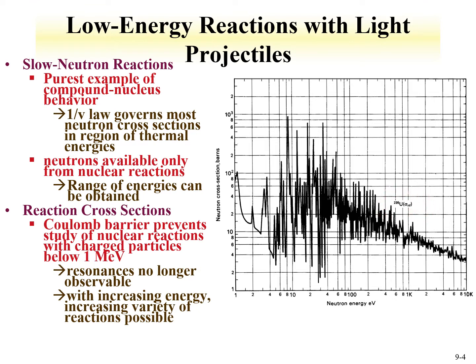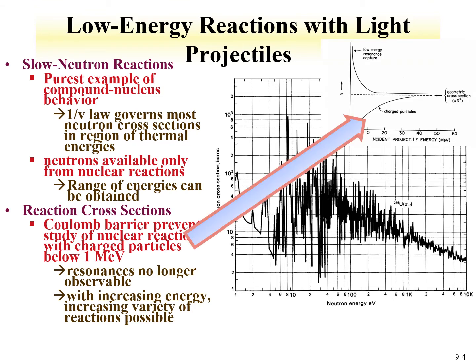Now, there are some aspects of this that are influenced by the particle. For instance, the reaction cross-sections are going to be influenced by the Coulomb barrier. The Coulomb barrier prevents charged particle reactions below 1 MeV. And here's an example of what one can see if we evaluate this for neutron energy.